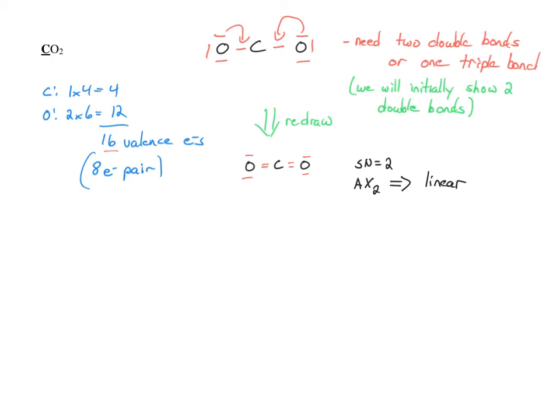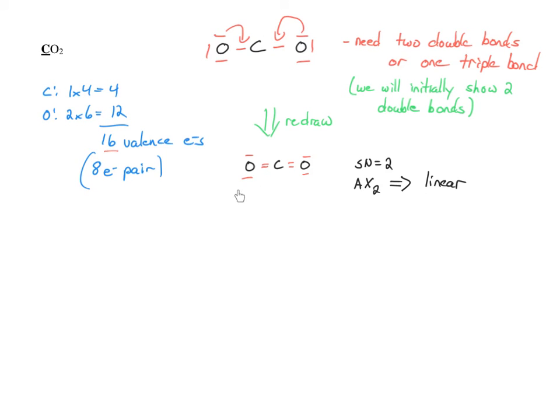So here's our carbon dioxide molecule we drew. It's a valid Lewis dot structure. All atoms have a complete octet. We see our steric number is 2. This is of the molecule type AX2. It's linear.